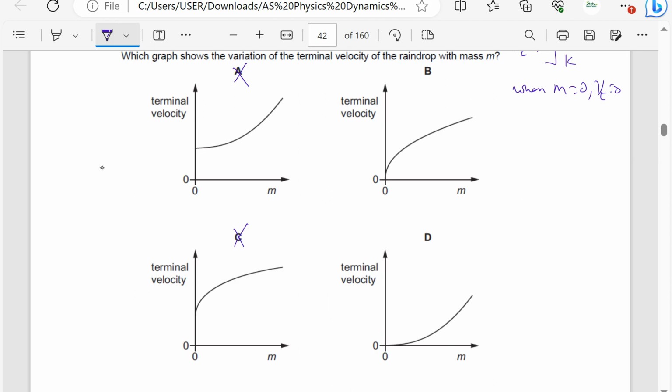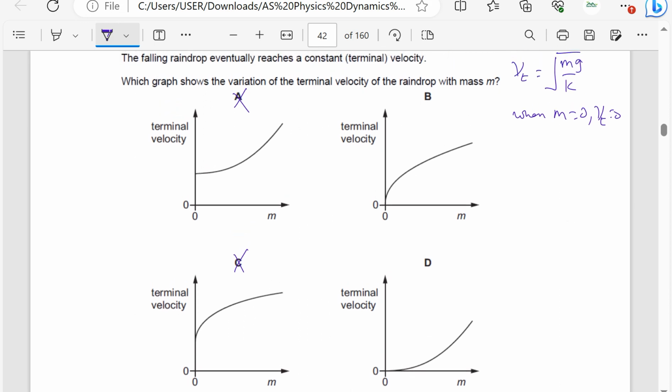When m is 0, v is initially 0, but then the gradient starts decreasing. And as m increases, v is equal to the square root of mg over k. So this is showing for this point here.